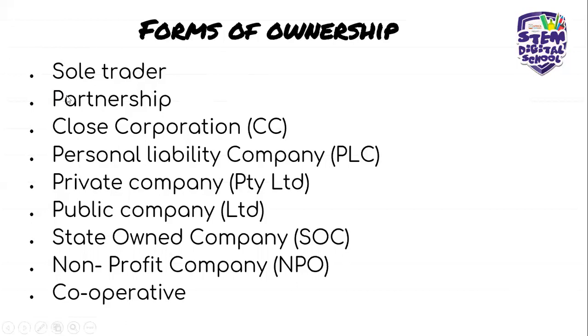Then we also have a partnership, right? Sometimes you can form a business in terms of a partnership. A partnership is more than two, but not more than 18 people. So you can be 2, 3, 4, 5, 6 up until 18. Surely you've seen billboards at stores that say maybe Billy and James Partners; that business is a partnership.